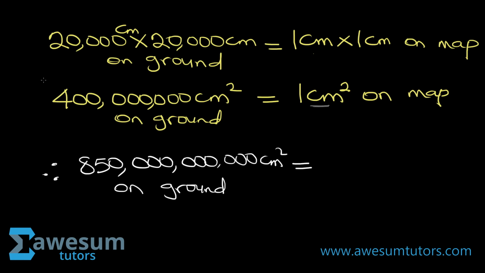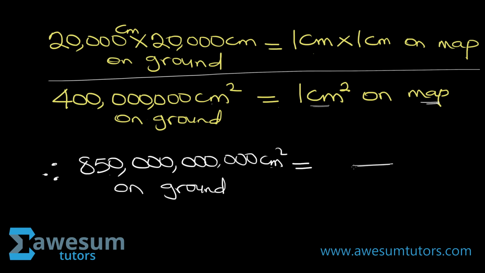Take note, this is what we are using right now: 400 million centimeter square on ground, we said it is equal to 1 centimeter square on the map. Now if that is the case, what about 850 billion centimeter square on ground? What is it going to be in centimeter square on the map?